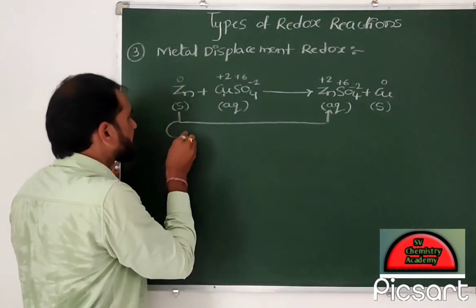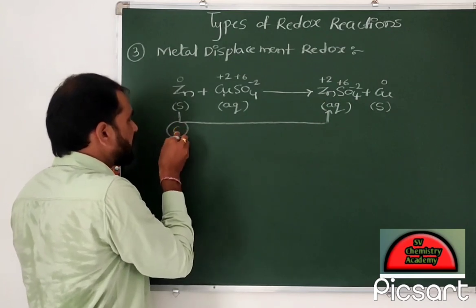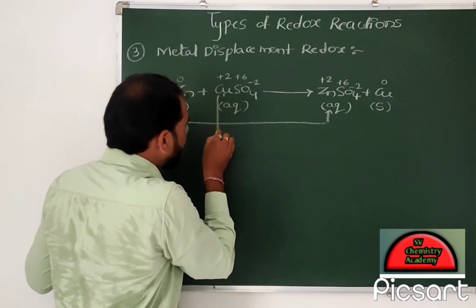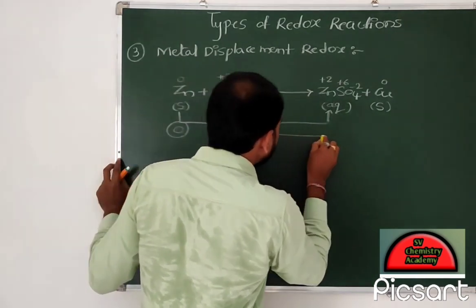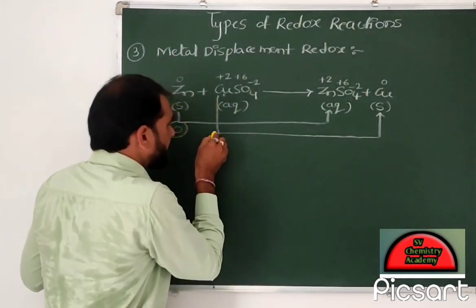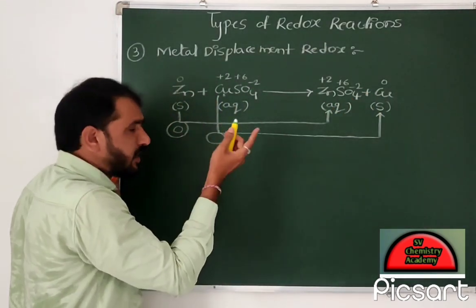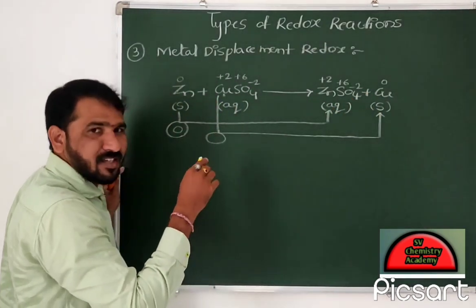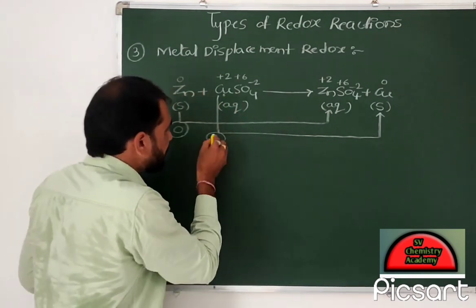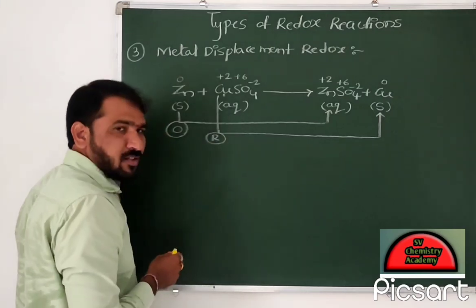It means an increasing oxidation state process is called oxidation. Is it clear? Then coming to copper. Copper's left side oxidation state is +2, but on the right side it is 0. It means gain of electrons. By gaining electrons, a positive oxidation state decreases, a negative oxidation state increases. So that process is called the reduction process.